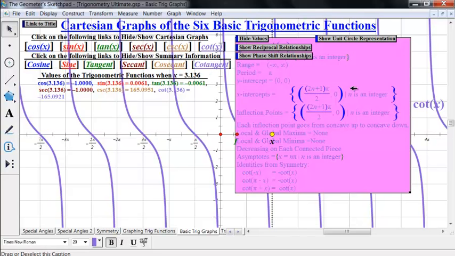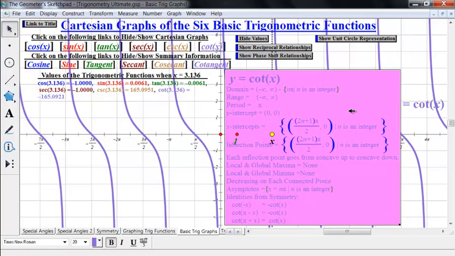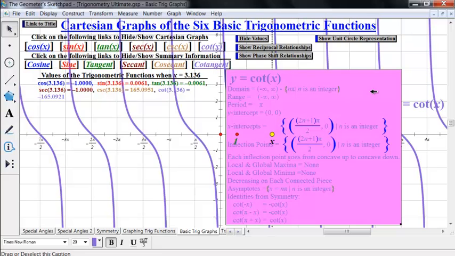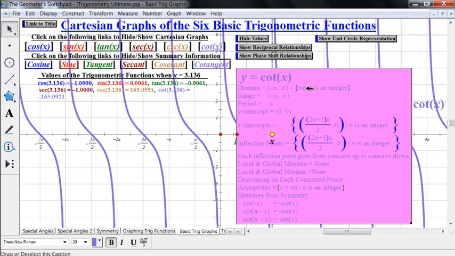Let's look at its properties here. So the domain is all real numbers except for where we have these asymptotes, which are integer multiples of pi. So all real numbers except for the set of n pi, where n is an integer. The range is all reals, negative infinity to infinity. The period is pi. That's a typo.